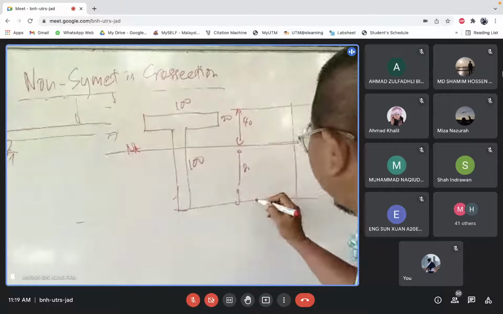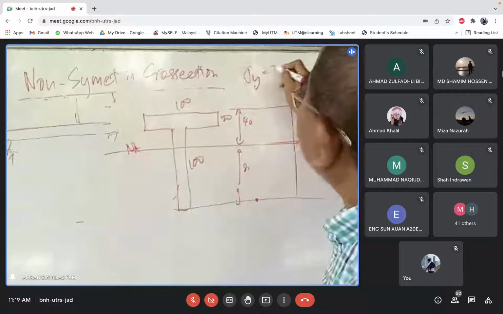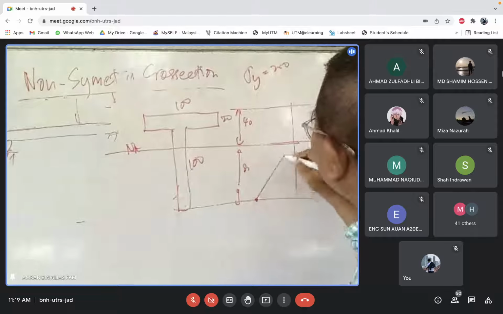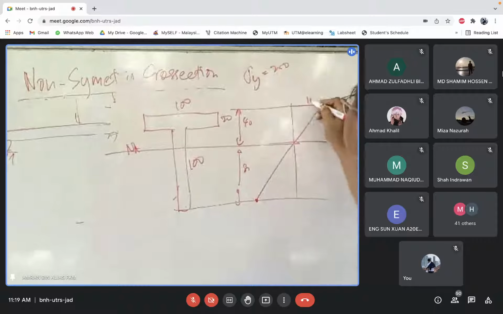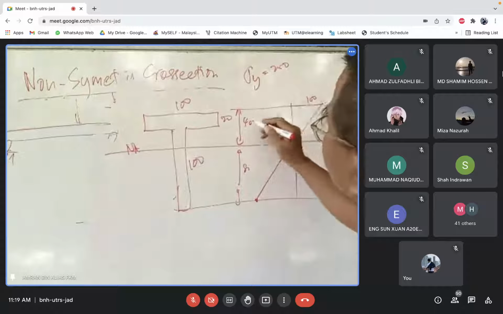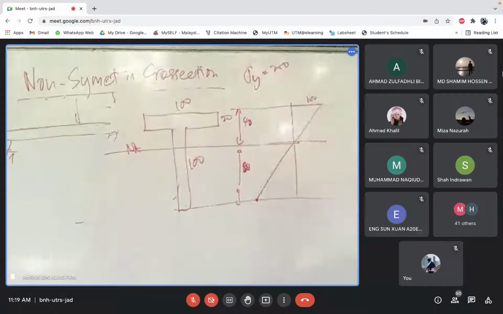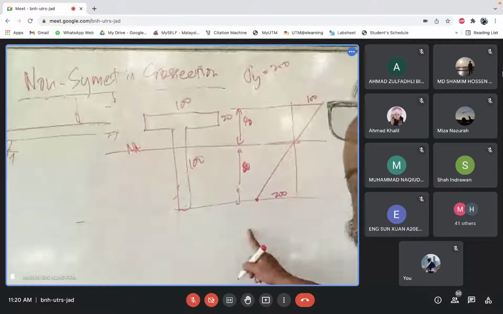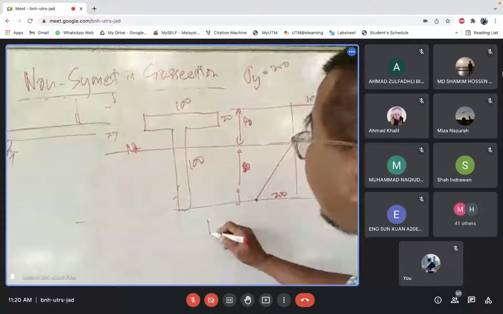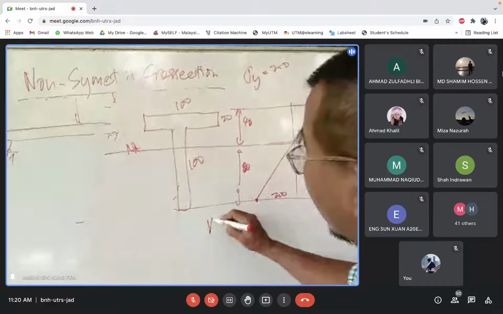Let's say the yield is 200. So the bottom part is 200. The top one is just 100, because 40 and 80, half of that distance. So this is the diagram of when you want to calculate moment. Moment what?